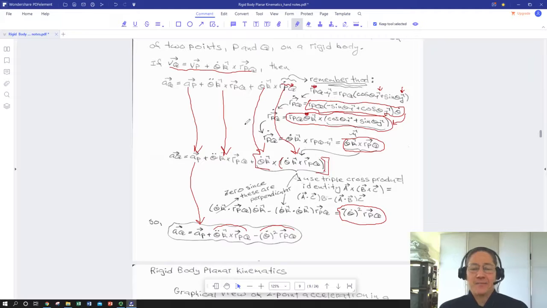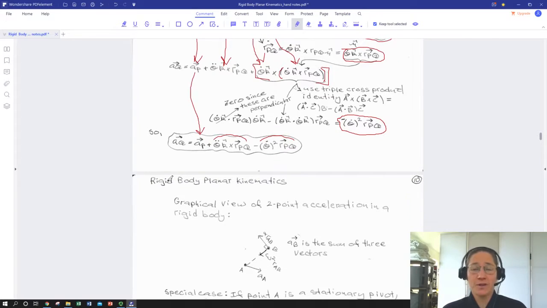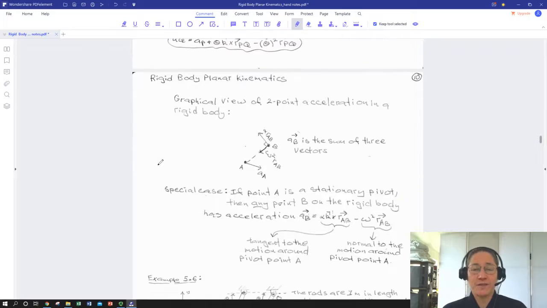So basically just using some vector algebra and properties of relative reference frames to relate rotation and translation.